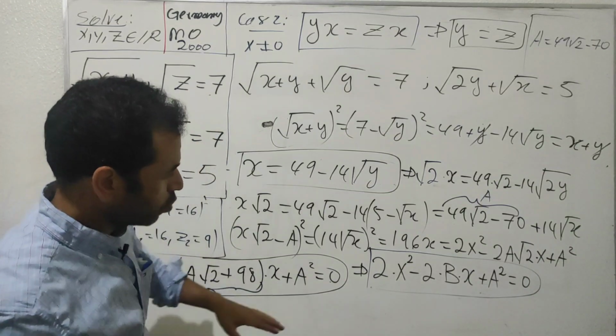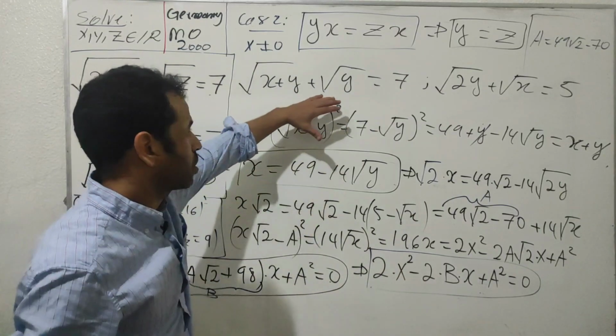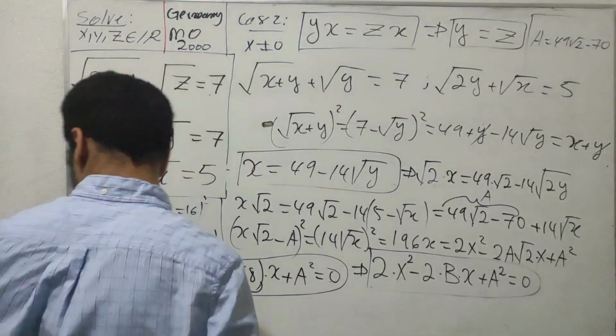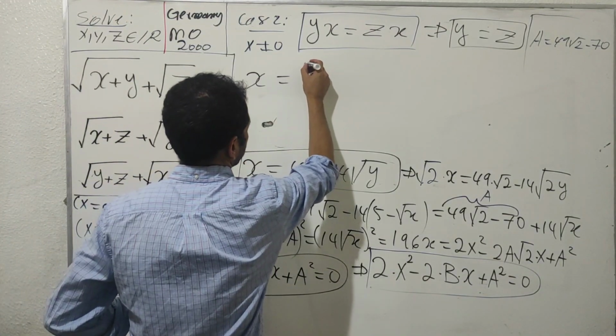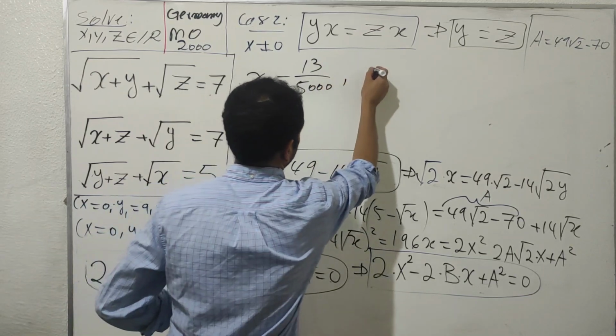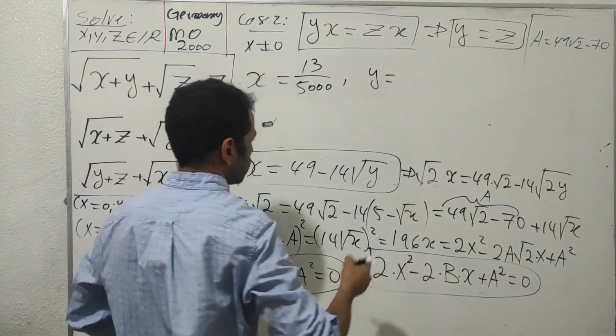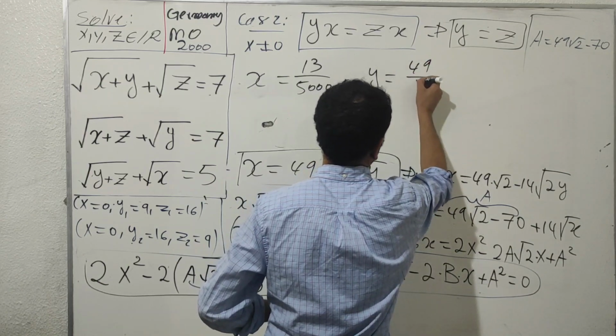Okay, then you will have only one value of x, so I'm going to put the x value here and y value. By calculating this one, you get x equals 13 over 5,000, and you get y value equals 49 over 4.